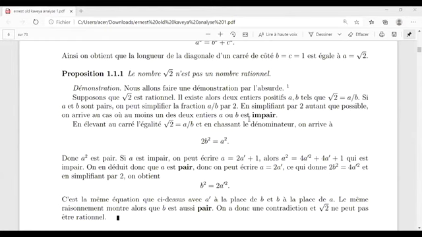So the first thing you have to do is prove that A squared here is a pair number. But by absurd, you have to show the opposite. What's the opposite? You're trying to find an impair number, because in this case we have A squared, which is a pair number. So A squared is pair.